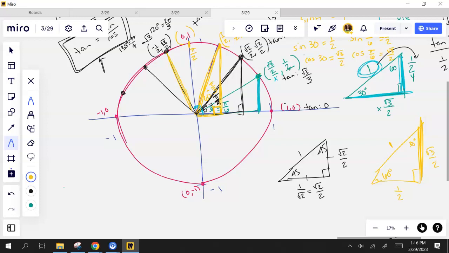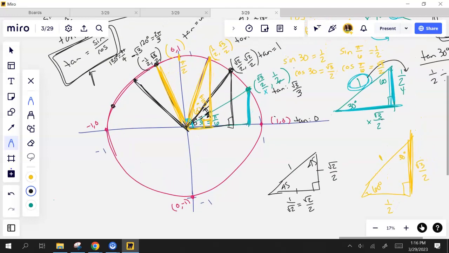This one's 135 degrees. And again, the same coordinates, but the x is negative, the y is positive. Tangent value here: negative square root of 3, negative 1.